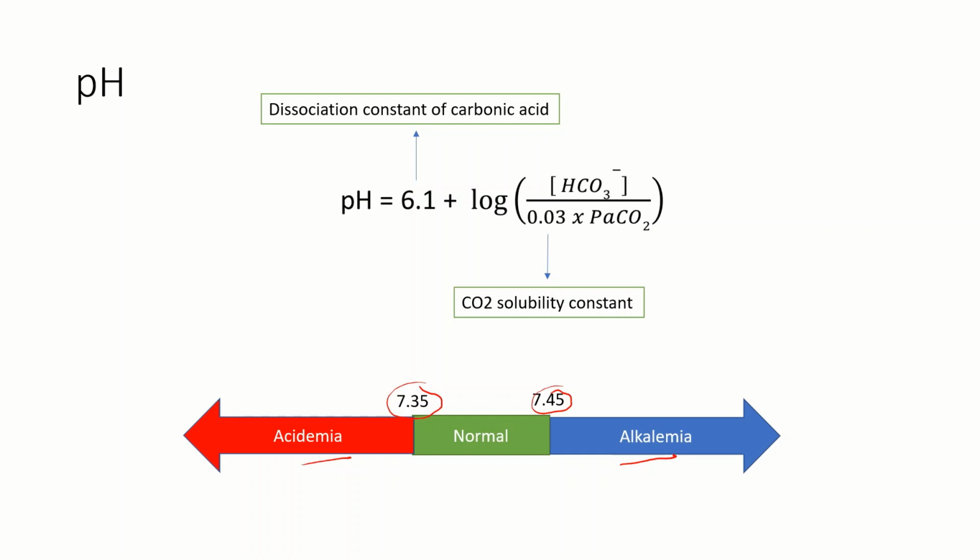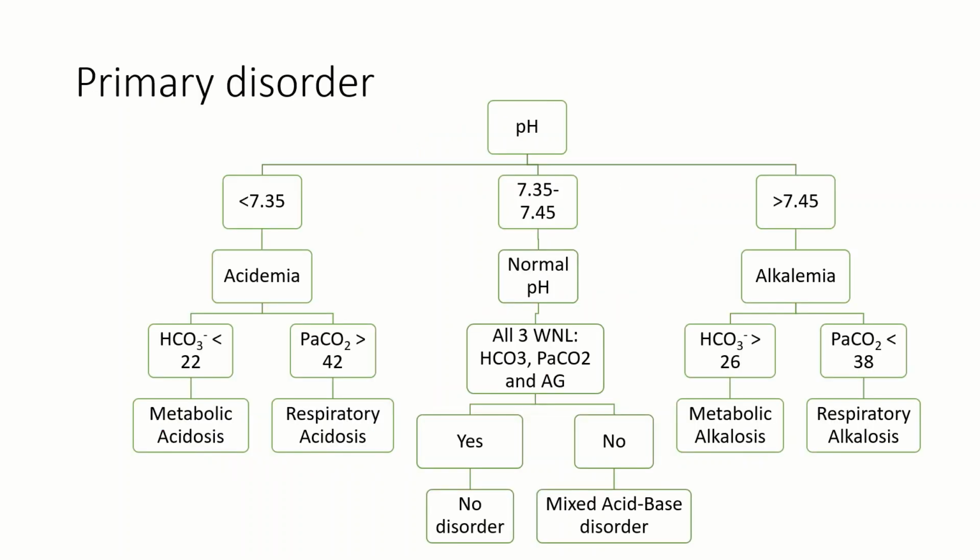These are constants which we don't need to delve into, but what we need to understand from this is that, in order for pH to remain constant, bicarb and PaCO2 change in the same direction: if bicarb increases, then the CO2 will also have to increase to balance the effect, and vice versa.